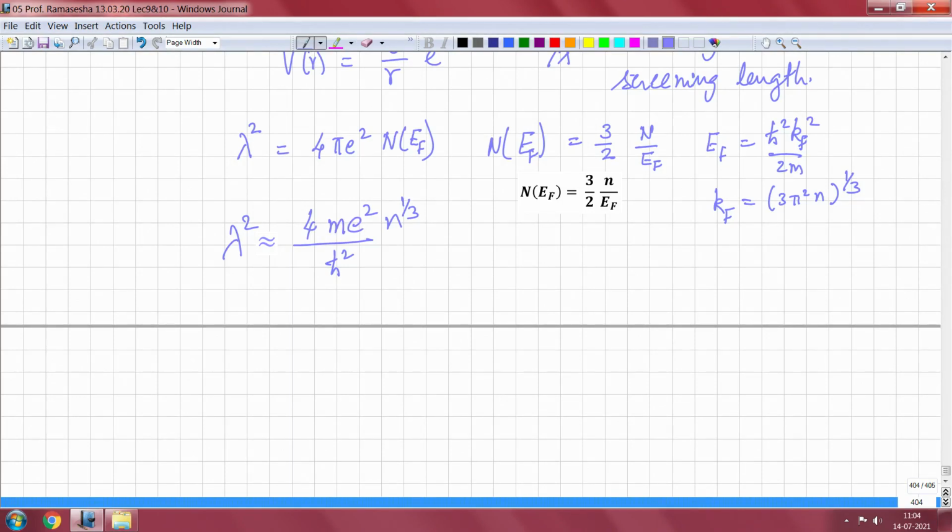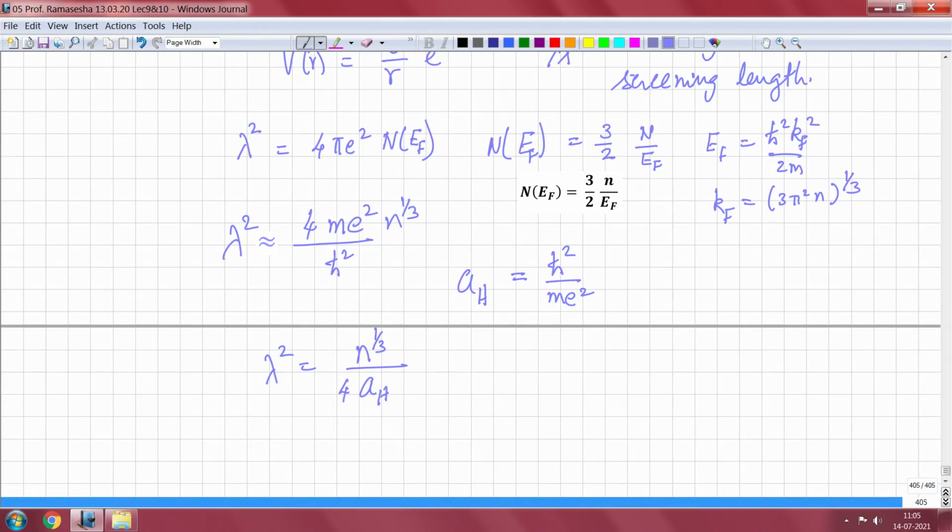Well, we know, for example, the Bohr radius of the hydrogen atom AH is given by h cross squared by m e squared. So, I can write lambda squared as equal to n to the power 1/3 divided by 4AH.